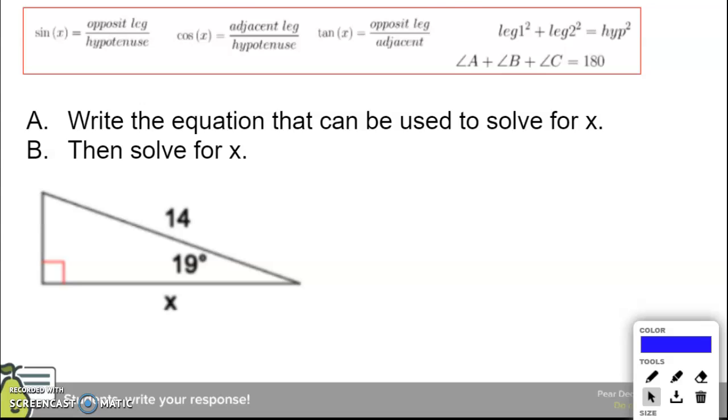So this is my adjacent. And this is across from the right angle, so this is my hypotenuse. Which is the trig ratio that deals with adjacent and hypotenuse? That's cosine. So cosine of 19 degrees is going to be adjacent, which is x, divided by 14.